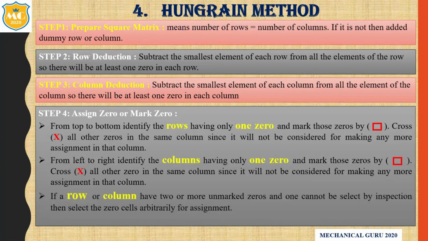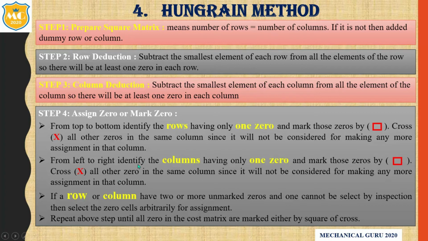Then next, if a row or column has two or more unmarked zeros and one cannot be selected by inspection, then select the zero cells arbitrarily for the assignment. Repeat the above steps until all zeros in that cost matrix are marked either by square or cross.